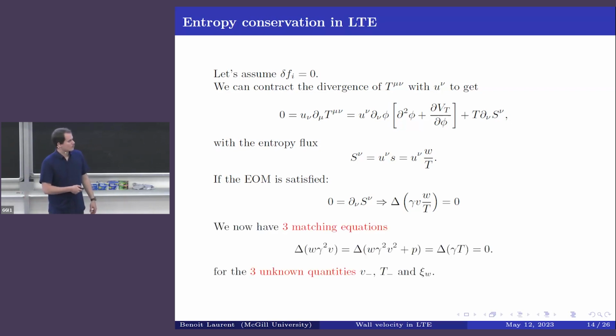Now we have 3 matching equations that we can solve for the 3 unknown quantities, and we don't need any equation of motion or any description of what's happening inside the wall. We just need to describe what happens on both sides of the wall, which is much simpler than what we had to do with the whole Boltzmann equation and equation of motion before.